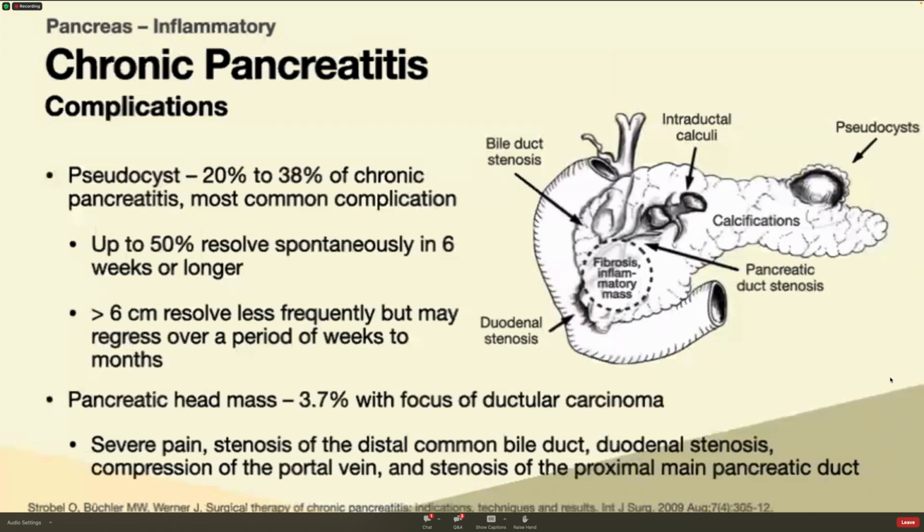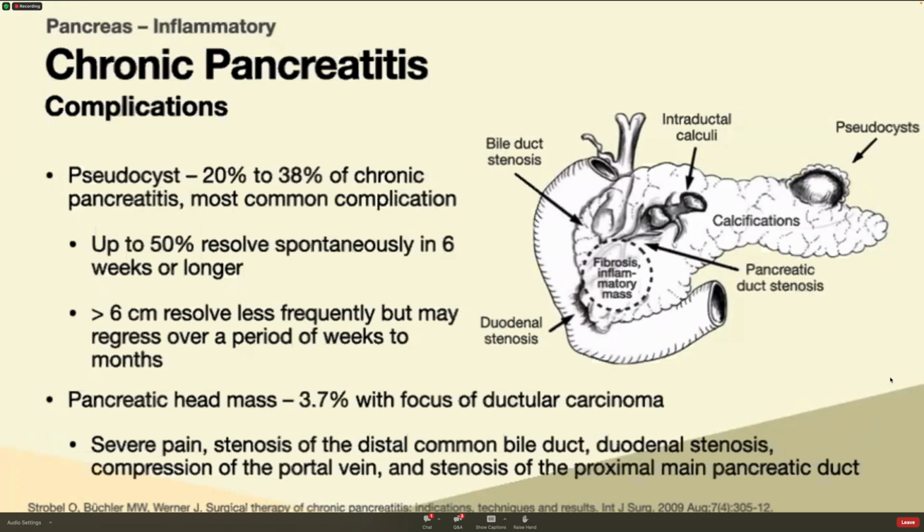This just shows the complications of chronic pancreatitis. Patients with chronic pancreatitis can also have pseudocysts, same as in acute pancreatitis. Then there is also presence of calcifications in the gland, stones in the pancreatic duct, stenosis in the pancreatic duct.